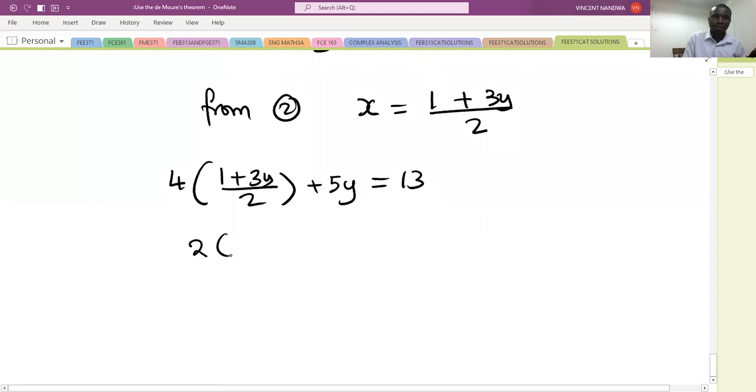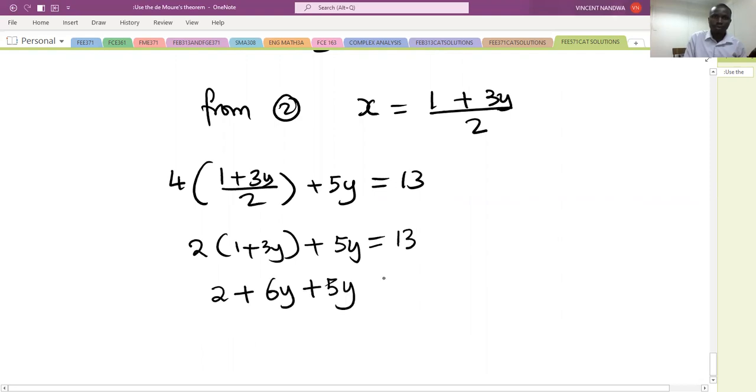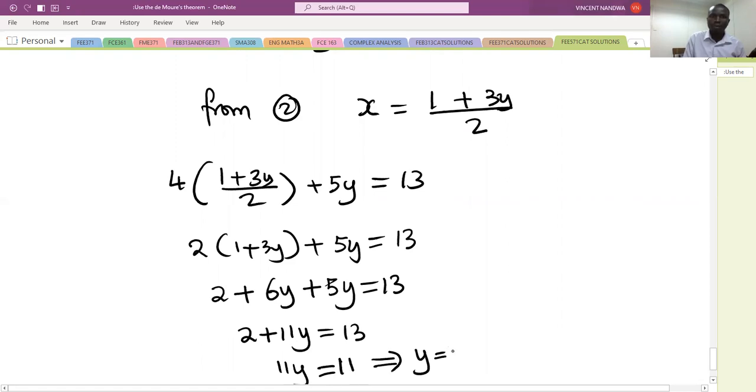So we'll have 2 into 1 plus 3y plus 5y equals 13. So this will be 2 plus 6y plus 5y equals 13, so 2 plus 11y equals 13. Taking 2 to the right-hand side, 11y equals 11, so y equals 1.